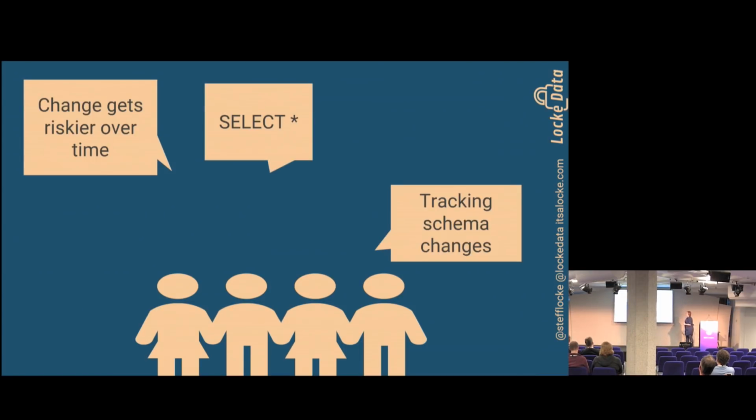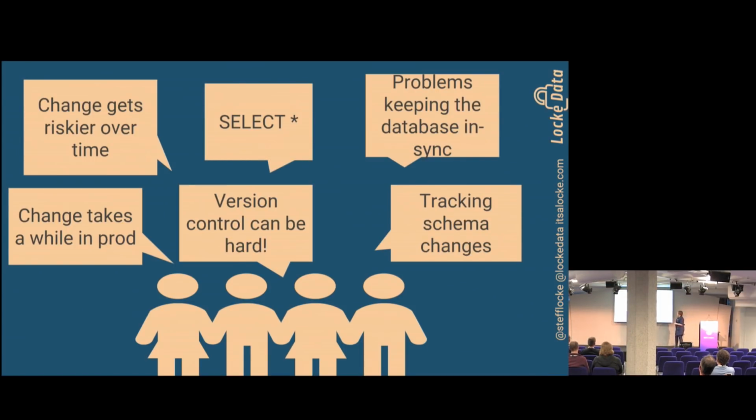Okay, I think I gave the problems with the DBA, with third normal form for devs, but maybe I overthought. So change gets riskier over time. You've got your application with 8 million customers. You want to add a field to your customer table because it was put on a form by a product owner.